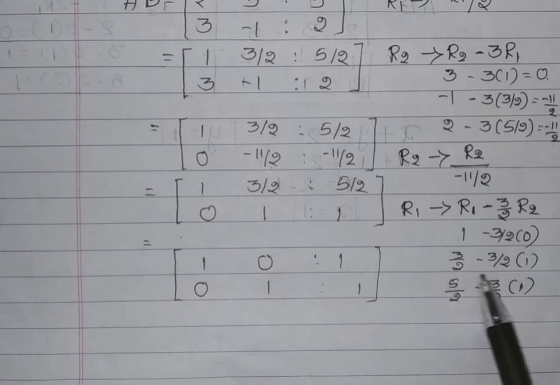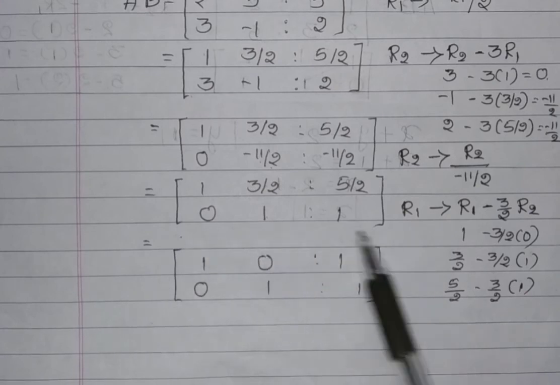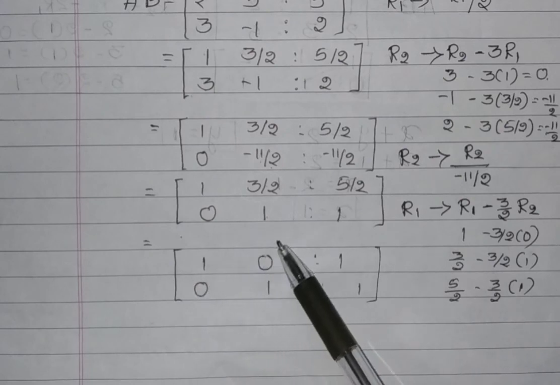So here 5 minus 3 will get 2. So 2 divided by 2 will give us 1. So this is the required augmented matrix after applying row transformation, because you can observe here below the diagonal as well as above the diagonal elements are 0.